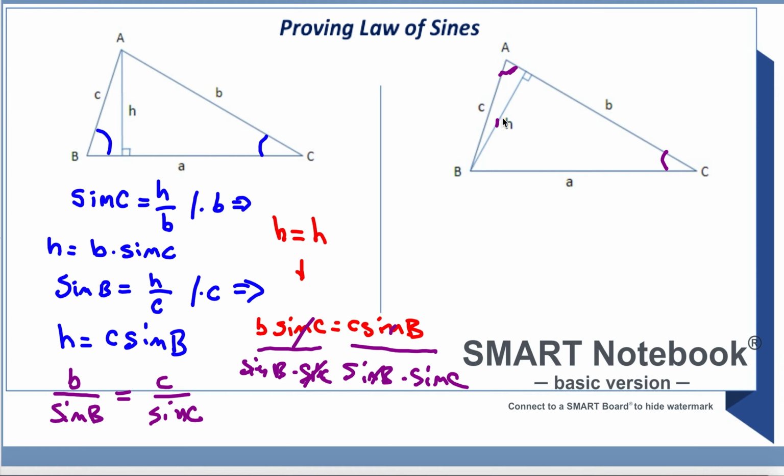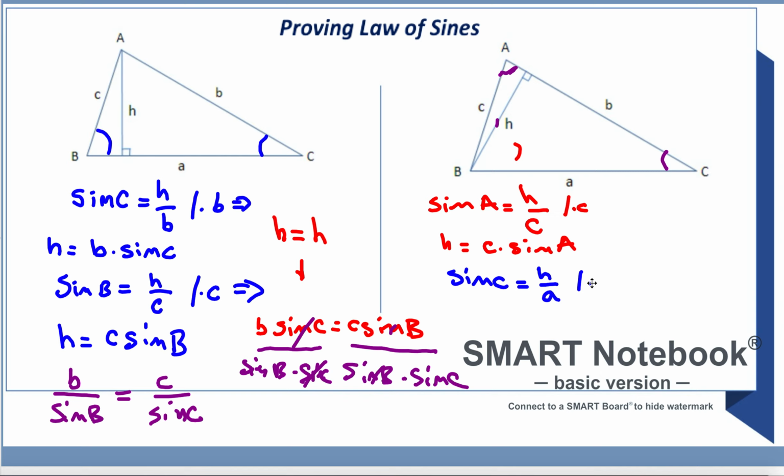If we want to find sine A in this figure, we have H divided by hypotenuse C. If we multiply everything by C, H is going to be equal to C times sine A. Now for angle C, the opposite side is H, but the hypotenuse of this triangle is A. So sine C is equal to the opposite side H divided by hypotenuse A. If we multiply everything by A, we get H equal to A times sine C.